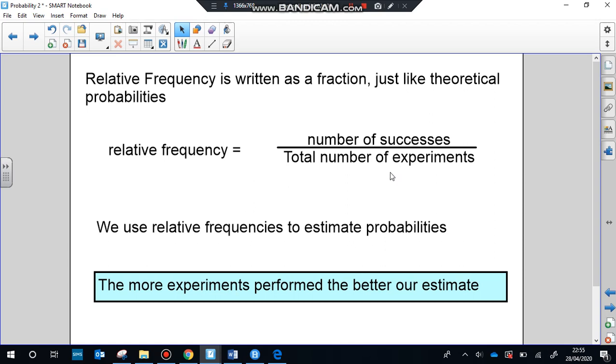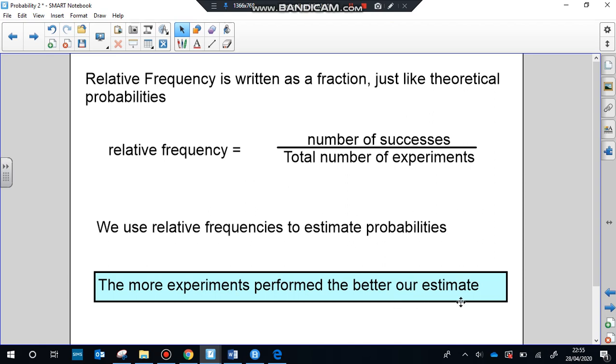Okay, so relative frequencies are important because they help us to estimate probabilities when either we can't theoretically get a probability, or we might think that something's biased and we want to check that. Okay. Key thing that you need to understand is that the more experiments that are performed, the better our estimate.